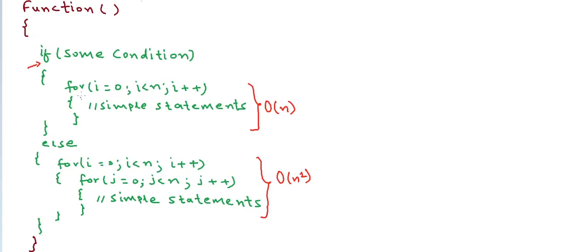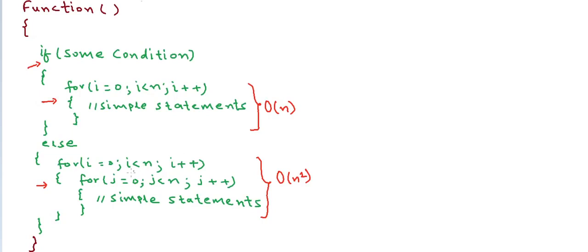If control of the program goes to this part, it will execute with a complexity big O of n, but if the control goes to the else part, it will execute with a time complexity of big O of n square. As I had mentioned earlier, when we analyze time complexity, we always try to analyze it in the worst case.